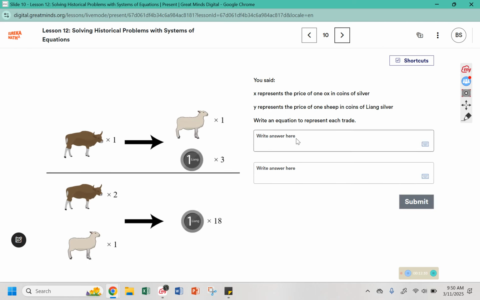Okay, so write an equation to represent each trade. So 1 ox is equal to 1 sheep plus 3 coins. And the other one, 2 oxen plus 1 sheep was equal to 18 coins.